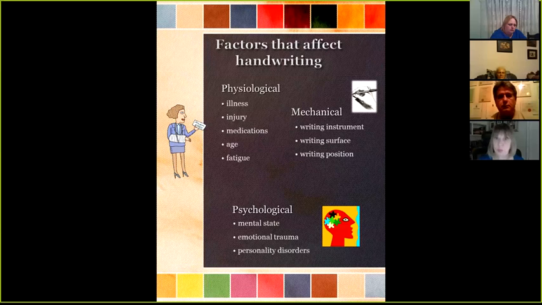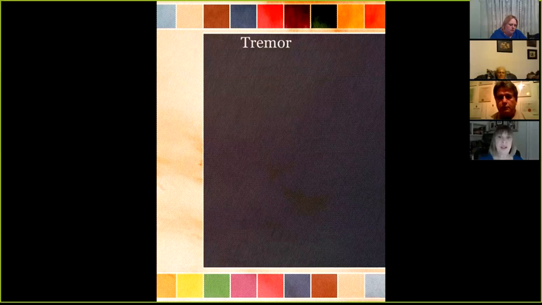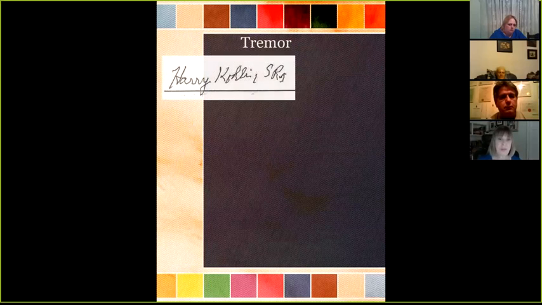Okay, while we're talking about physiological factors, let's look at a few cases of tremor in signatures. Tremor is something that you can see quite readily. Here is a man who had a stroke. The tremor is the shakiness in his writing. After his stroke, he was unable to control his writing hand.